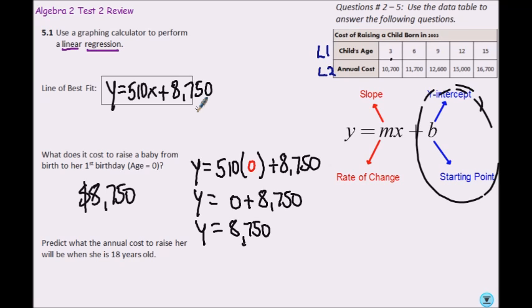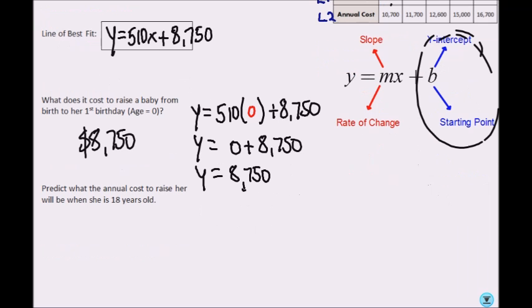So what I'm going to do is use the model we came up with, which was y equals 510x plus 8,750, but instead of x, what I'm going to put in is 18, because we're saying, well, how expensive would it be when she's 18?